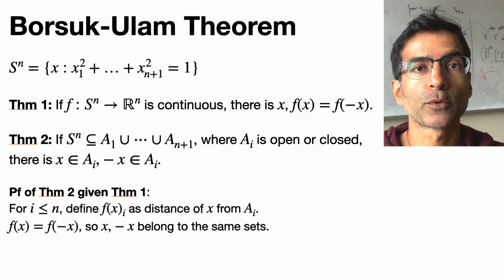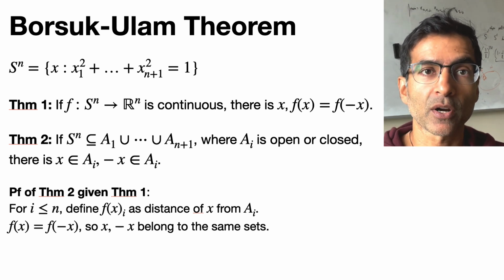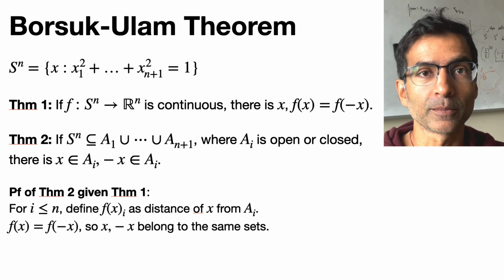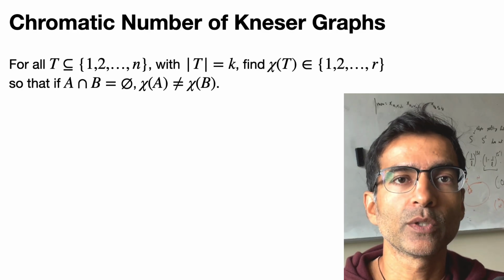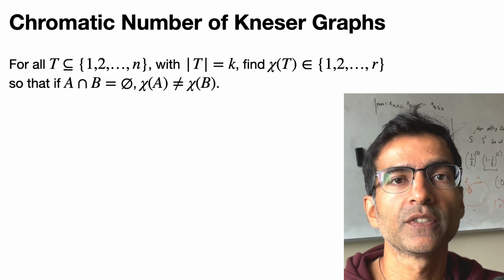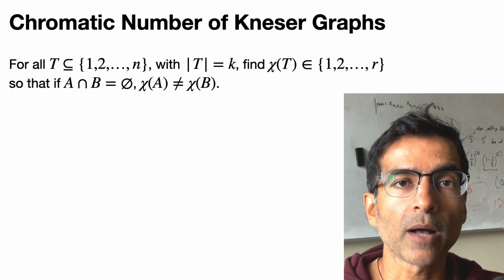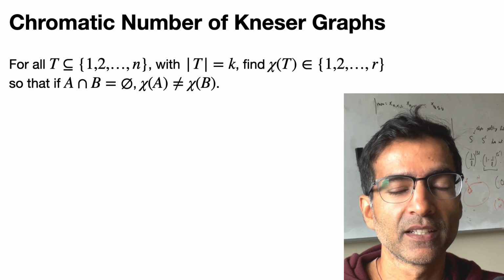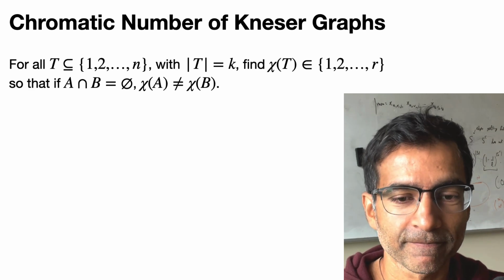One of the nice things about the Borsuk-Ulam theorem is that it has many surprising applications, including to combinatorial problems. For example, you can use the theorem to prove an optimal lower bound on the chromatic number of Kneser graphs. So let me explain that connection.